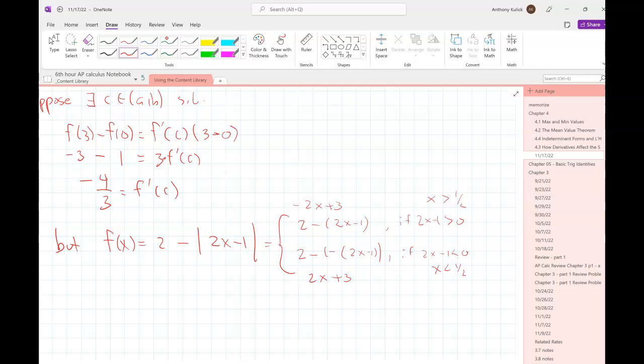I guess one of them could be or equal to, it doesn't really matter though. So what's the derivative going to be equal to? Well, it's going to be negative 2 when x is greater than a half. It's going to be positive 2 when x is less than a half.